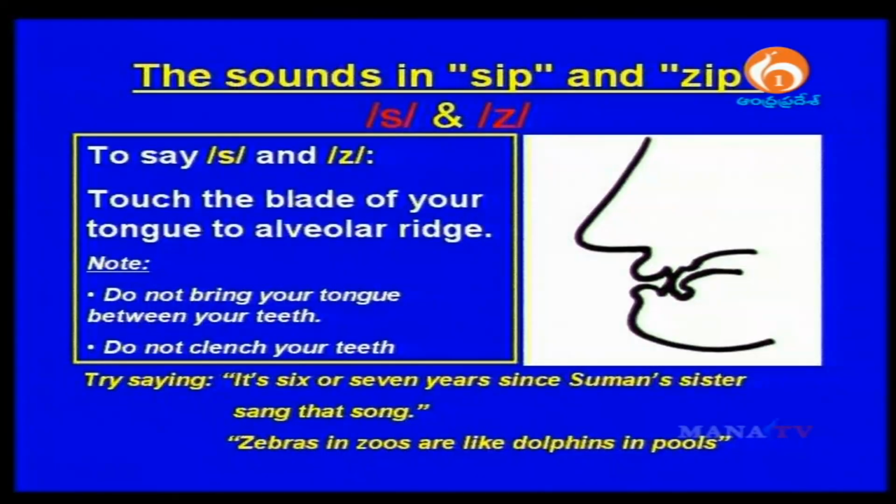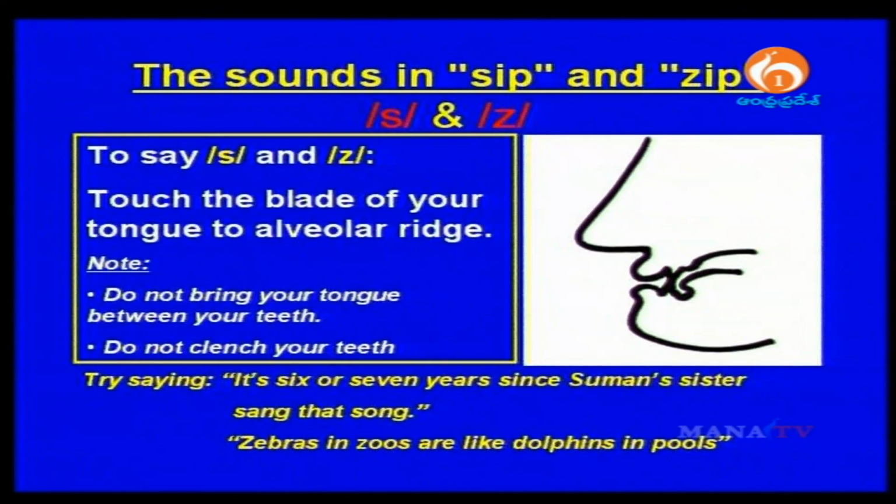Well, friends, this brings us to the next set of sounds, S and Z. We Indians experience certain difficulty when we're trying to articulate sounds like S and Z. But wait a minute, it's actually very simple.